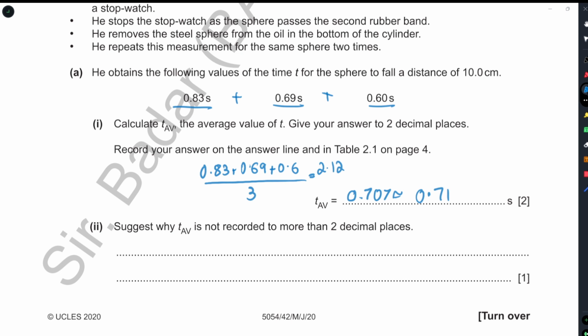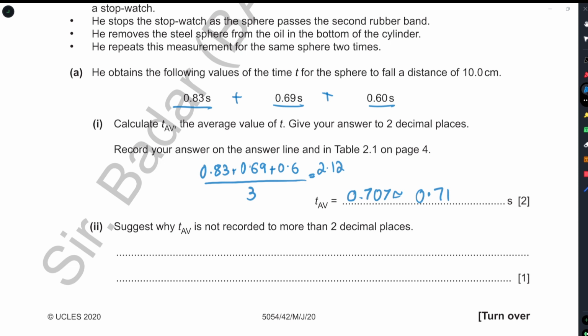Again, more than 2 decimal places जो है वो आपके पास reaction time जो है it's not possible कि you react in time to measure up to milliseconds.